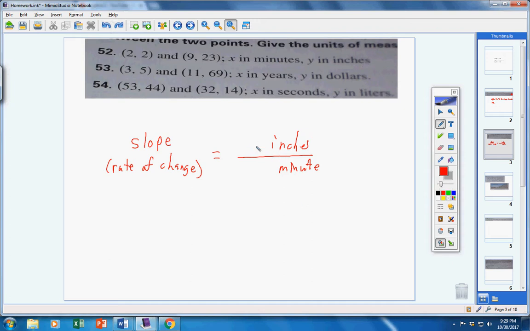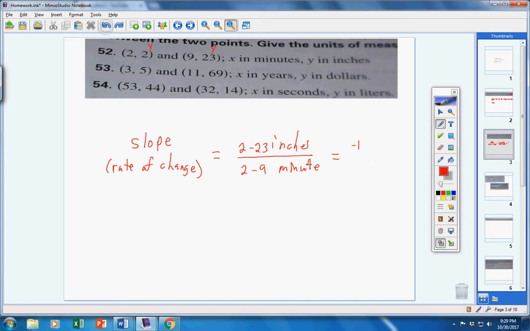Now, how do you find the change? Well, you subtract. Here's your x and your x. Sorry, I apologize. Up top is your y's, so we do our y's first. Sorry about that. 2 minus 23. Your x's would be 2 minus 9. So you end up with negative 14.